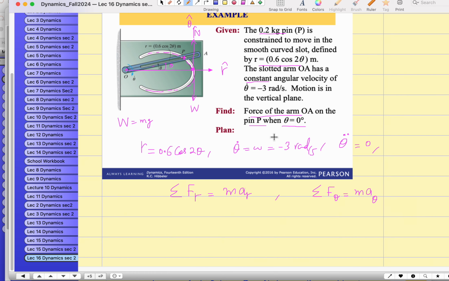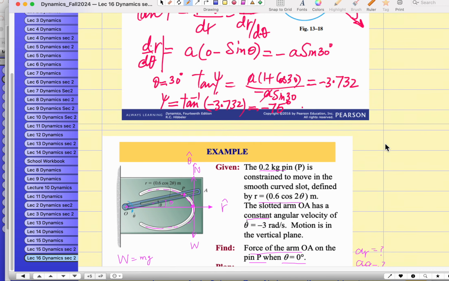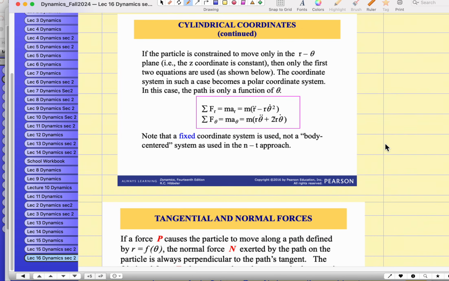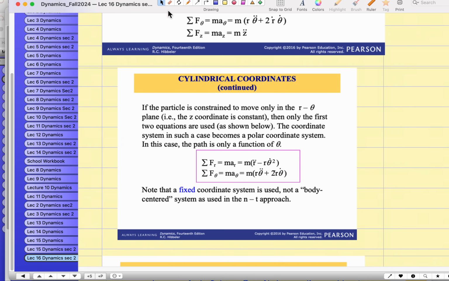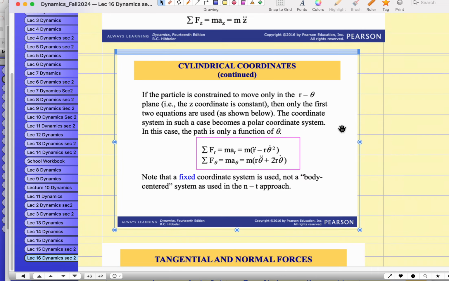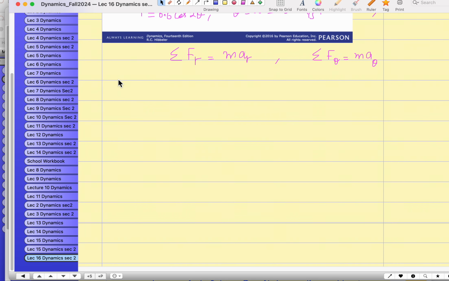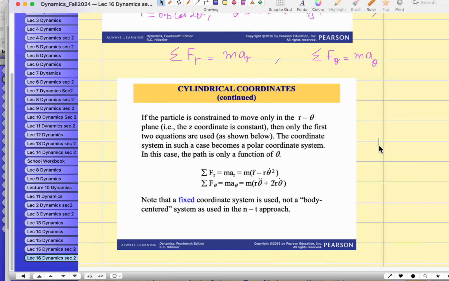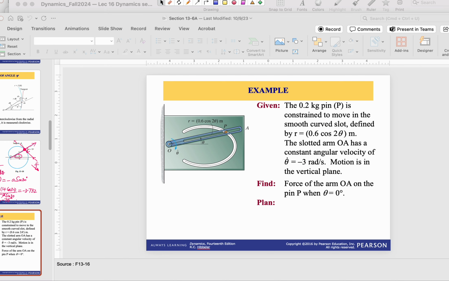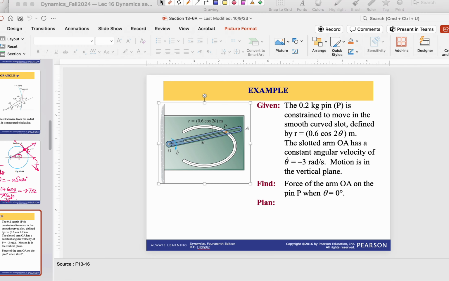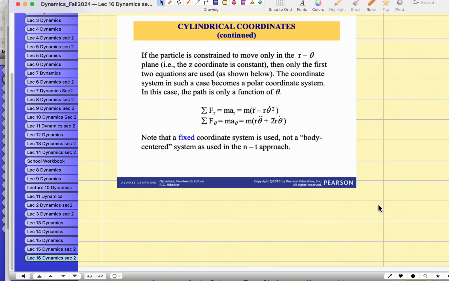What we are mostly concerned about is the transversal direction, but we will first find the radial and transversal accelerations. How would you find them? I'm going to copy this over here and use these two formulae.